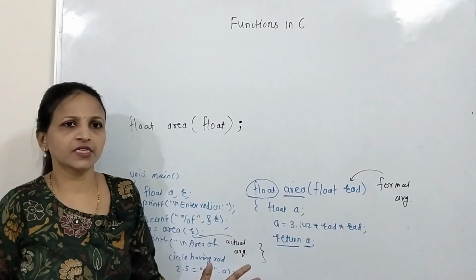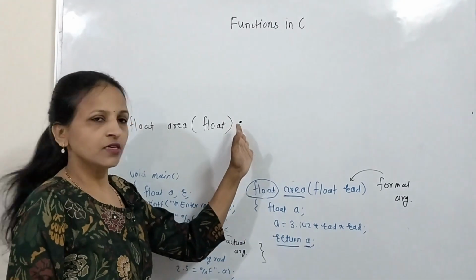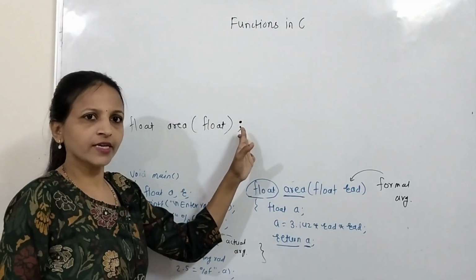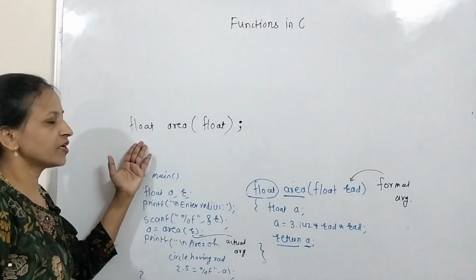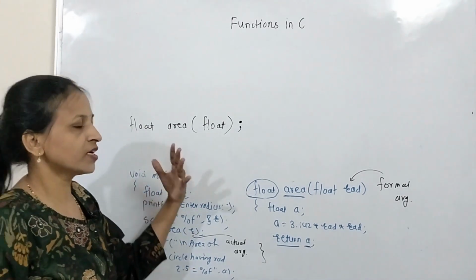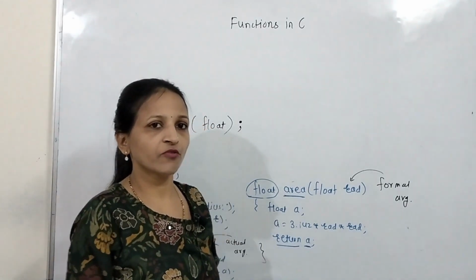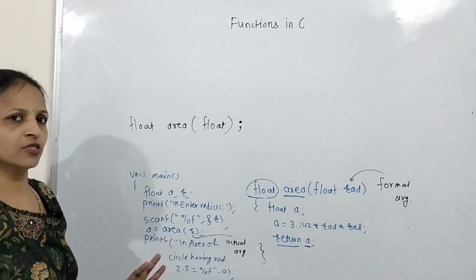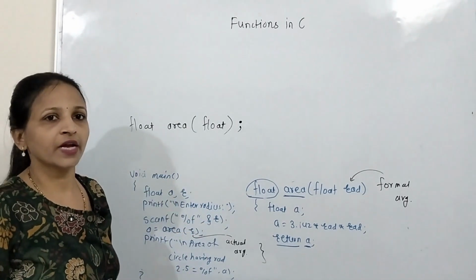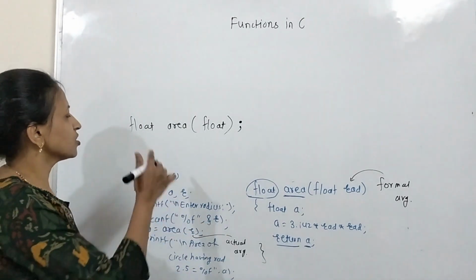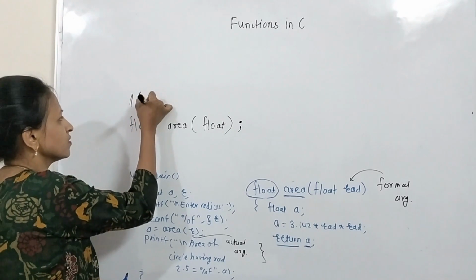It is not compulsory. If you write that rad, then okay. If you don't, then again okay. Here we are just mentioning the return type of the function, the name of the function, and the arguments: how many and which type. We are just giving that type of information to the compiler. This is nothing but the function declaration.